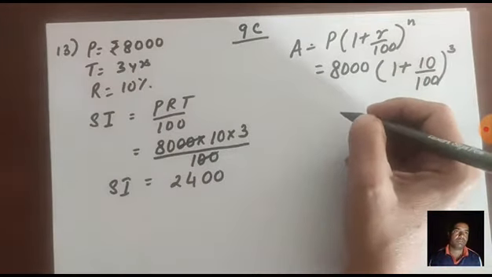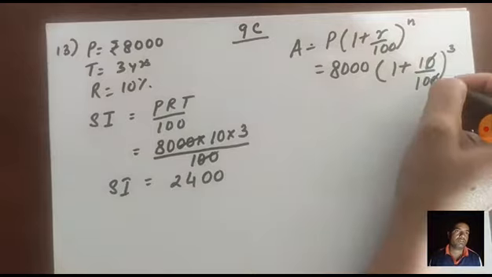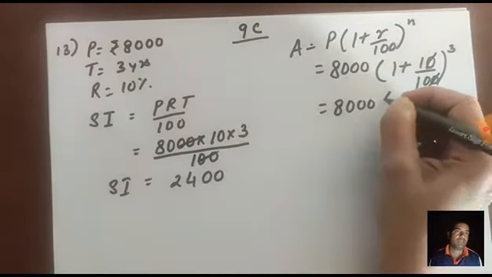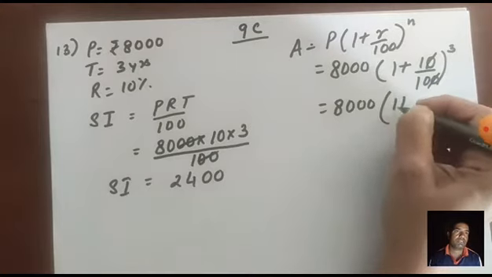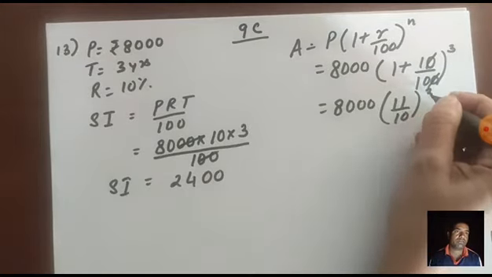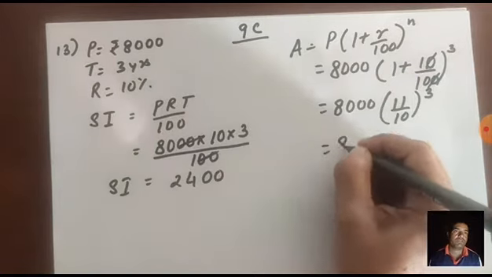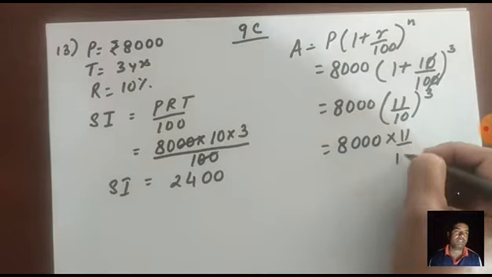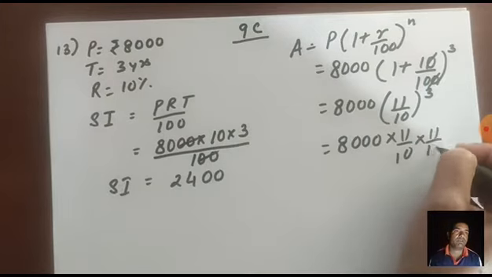Now here zeros can be cancelled. 8,000 into 1 plus 10 upon 100 is 11 upon 10 raised to 3. Power 3 means it is multiplied 3 times: 11 upon 10 into 11 upon 10 into 11 upon 10.